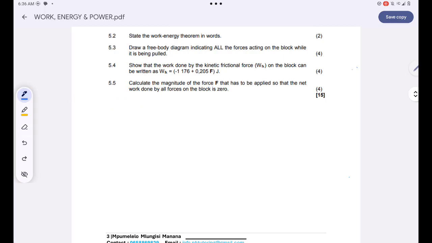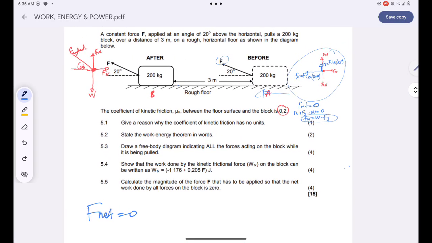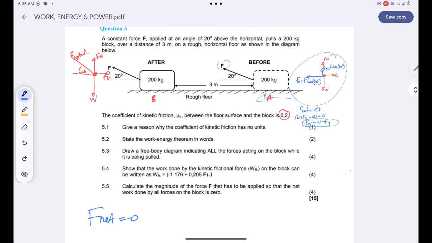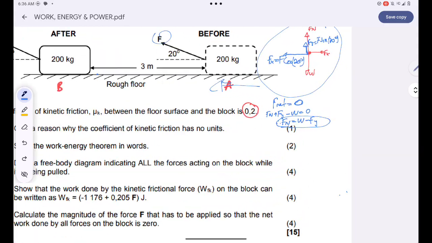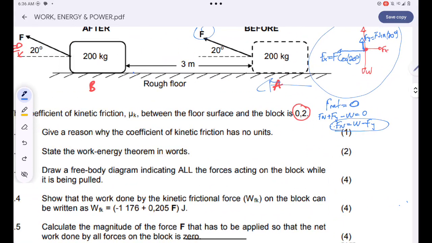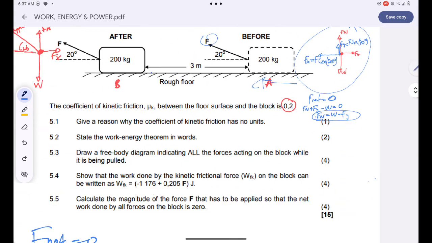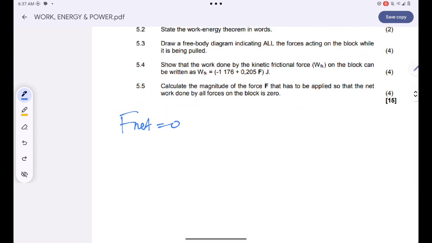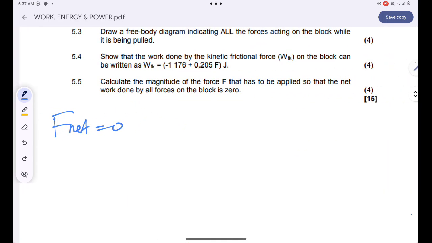Okay, when F net is equal to 0, on the horizontal dimension we only have two forces, the horizontal component and the frictional force. Are you together? We always take the direction of motion as positive.